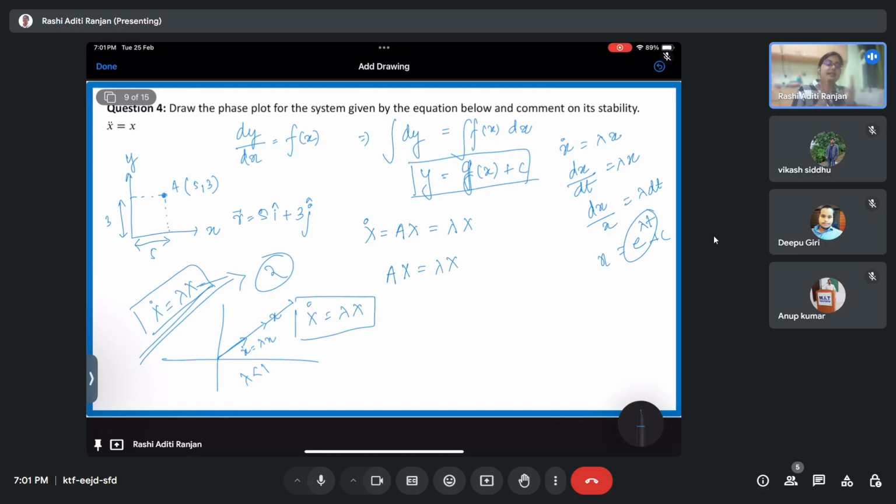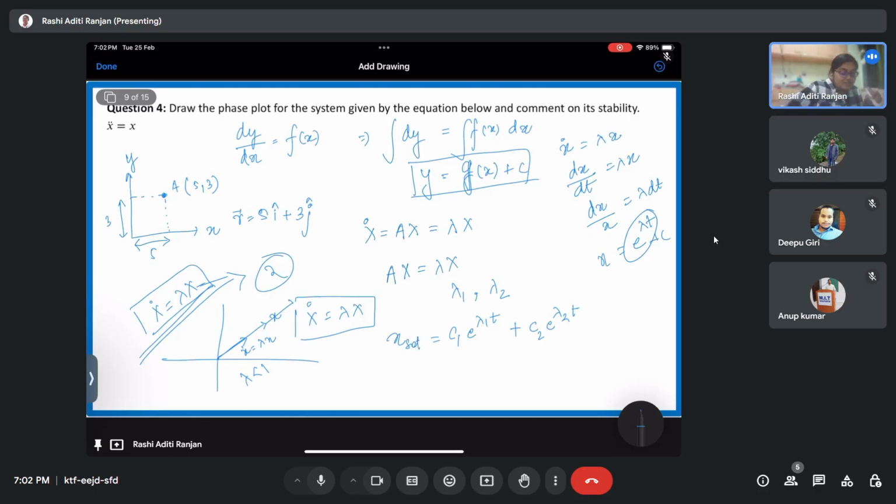I get the two solutions and then I can write the general solution as the linear combination of those two solutions. So if I get the eigenvalues lambda 1 and lambda 2, the general solution is nothing but C1 e to the power lambda 1 t plus C2 e to the power lambda 2 t. This is going to be the solution of x, right?